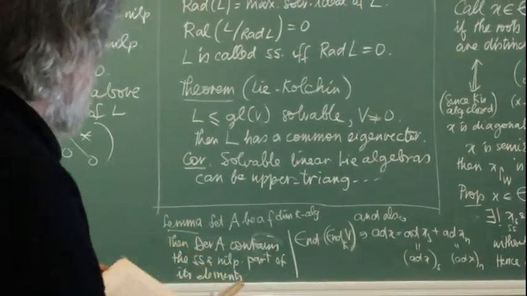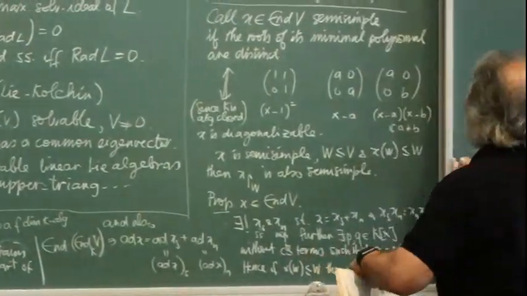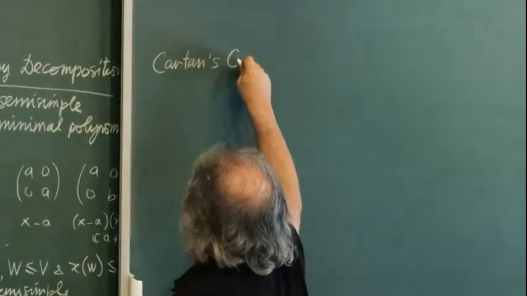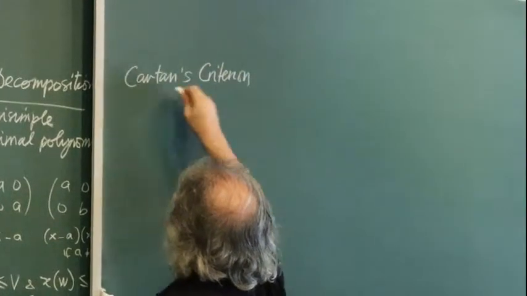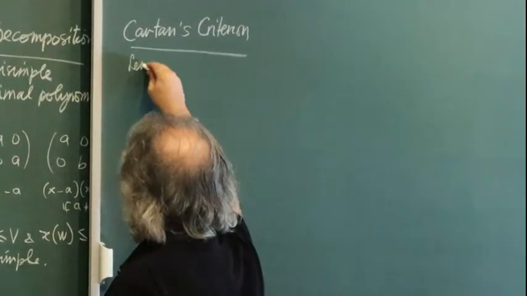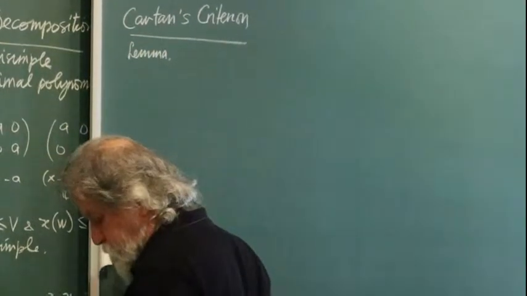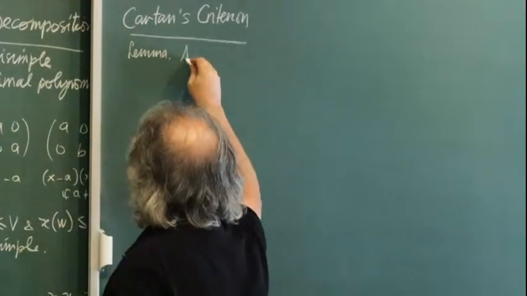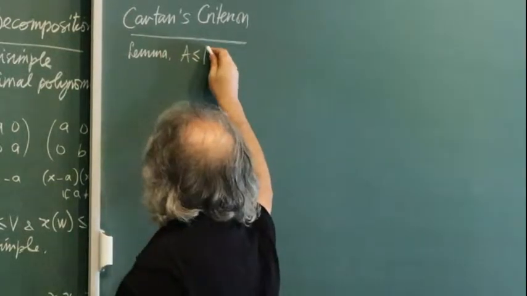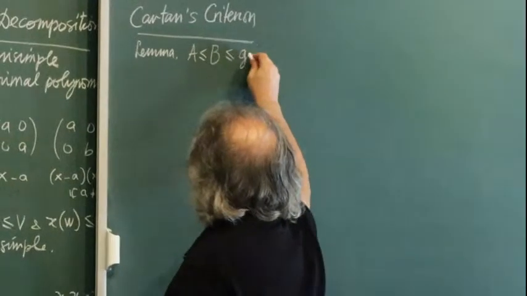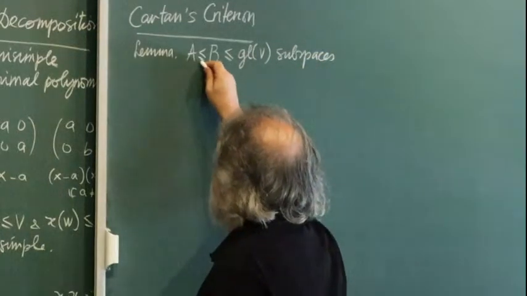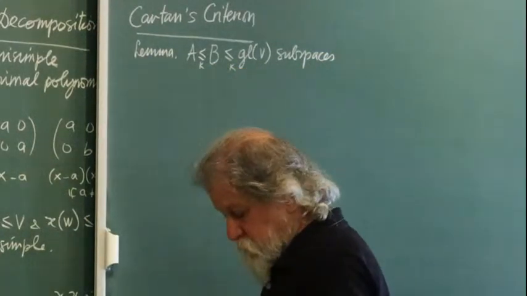Now we have the famous Cartan's criterion. Lemma. A inside B, two subspaces of GL(V), over K, of finite dimension.